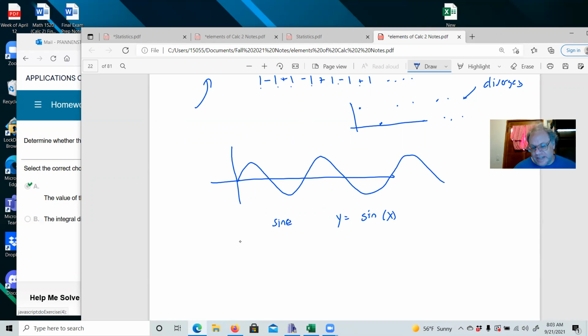It's not a religious thing, it's this thing. You can see by the very nature of this function, instead of going between 1 and 0 over and over again, it goes from 0 to 1 to 0 to -1 to 0 to 1 to 0 to -1.